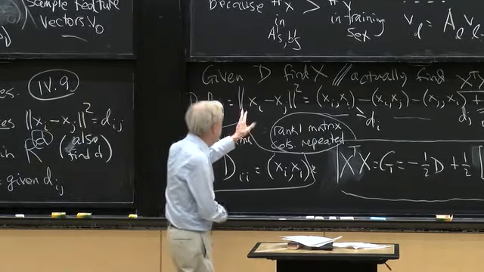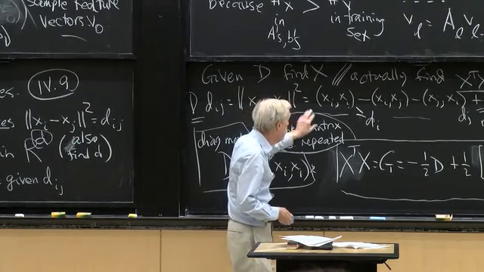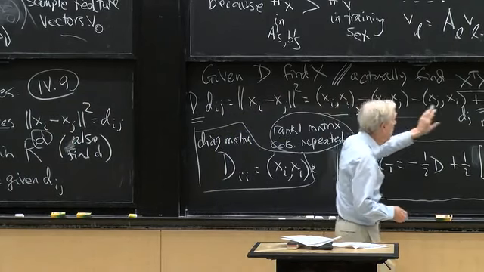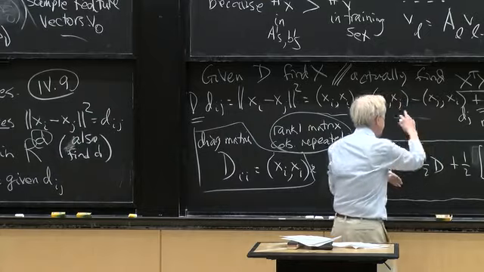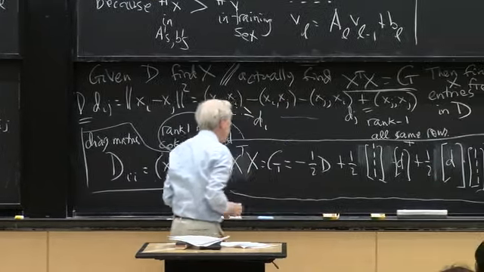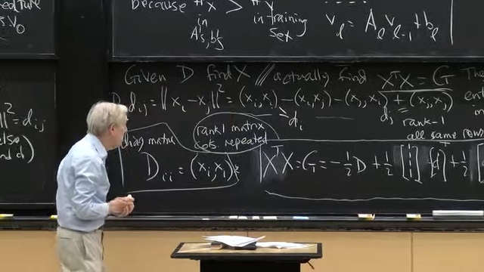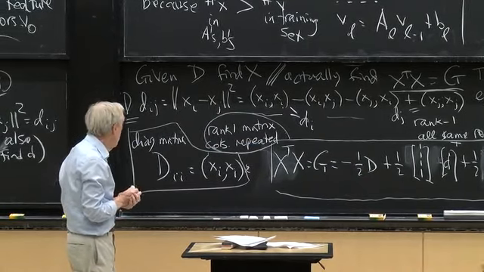But you see that this X transpose X matrix is coming from these rank 1 pieces and these pieces, which are the cross products. Oh, I see.